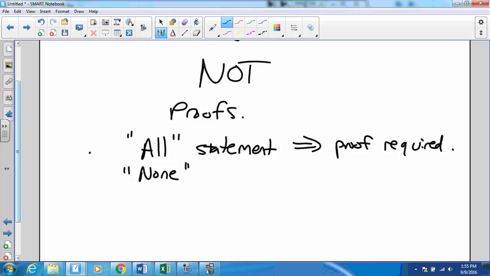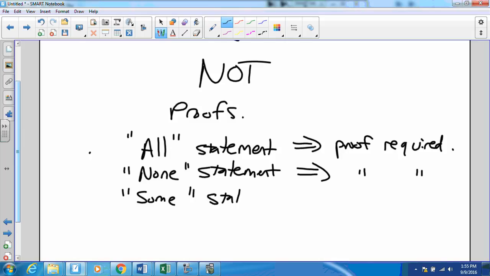If I make a none statement, which is really just an all statement in disguise, for all x it is false, then I have to do a proof. But if I make a some statement, then all I have to do is exhibit one value, an example.